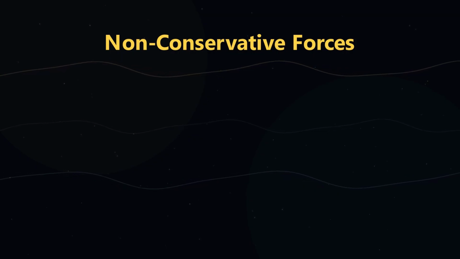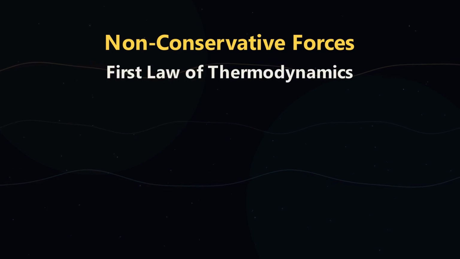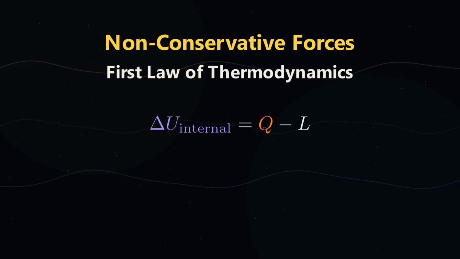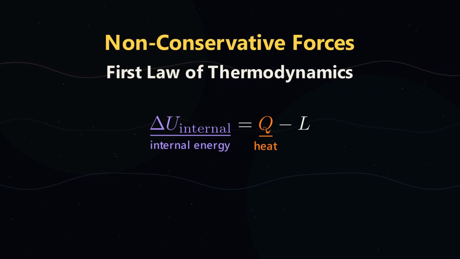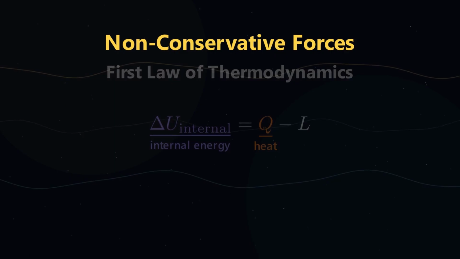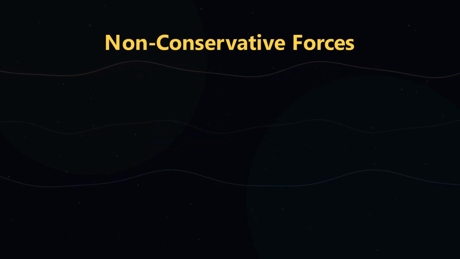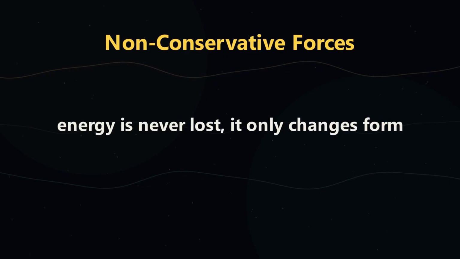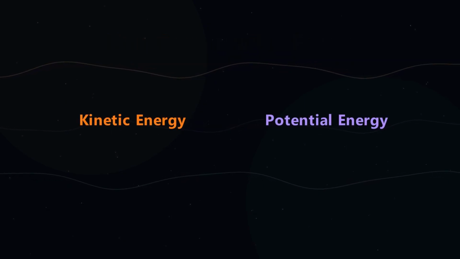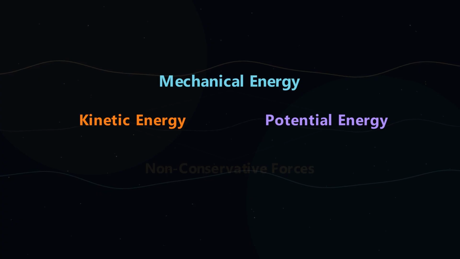A more general way to express this idea appears in thermodynamics through the first law, delta U internal equals Q minus L. This law also takes into account heat, internal energy, and energy exchanges that are not purely mechanical. So mechanical energy may not always be conserved, but energy itself is never lost. It only changes form. And with this, we have connected kinetic energy, potential energy, mechanical energy, and the role of non-conservative forces.